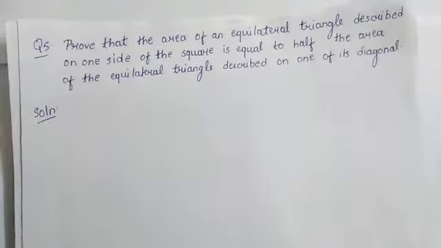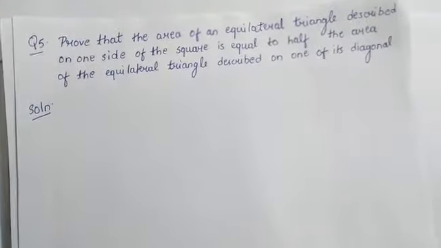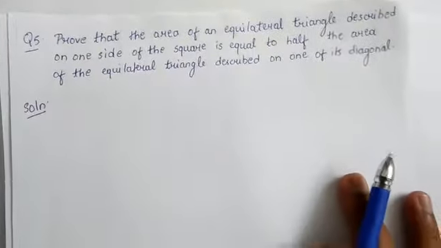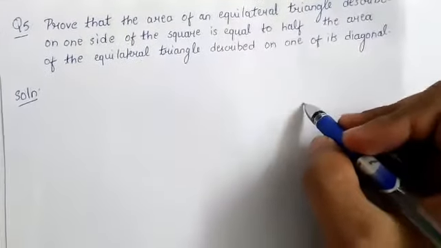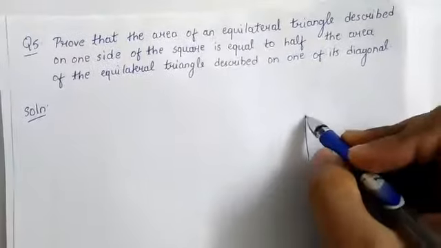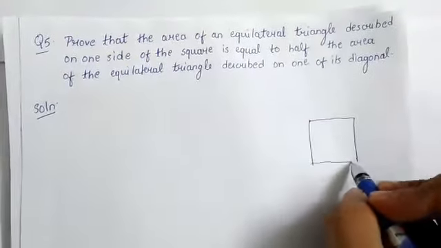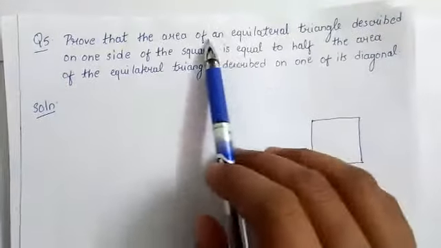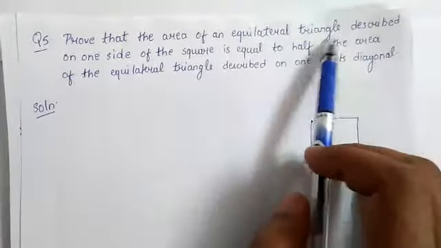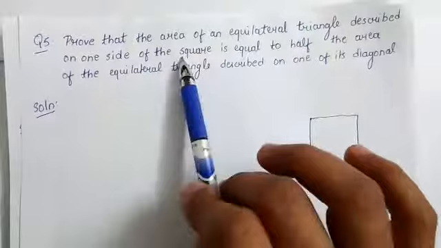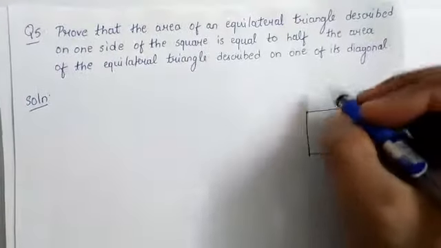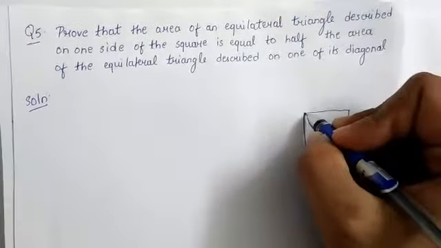So the most important part of this question is how to draw the diagram. We are given that there is one square. Let's say this is the square. One equilateral triangle is described on one side of the square. Let's take this side.